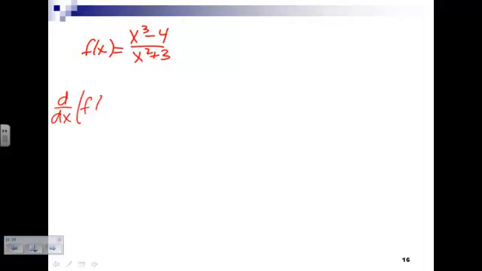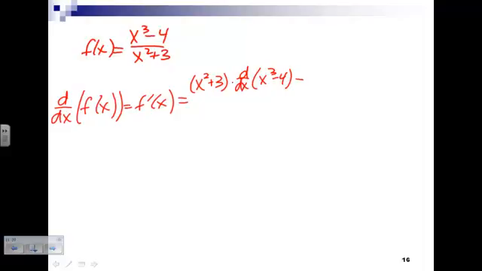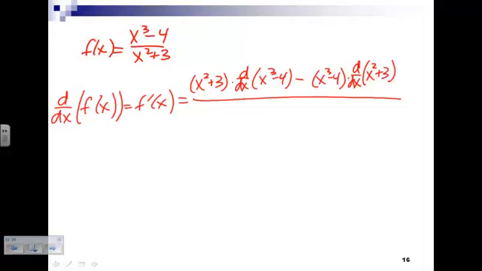The derivative of f of x is equal to f prime of x, which is equal to bottom times the derivative of the top minus the top times the derivative of the bottom all over bottom squared.